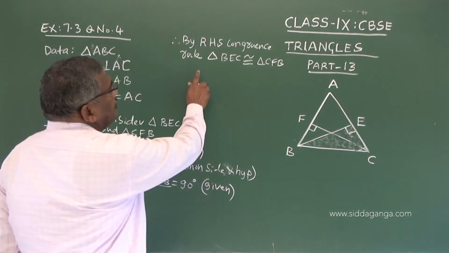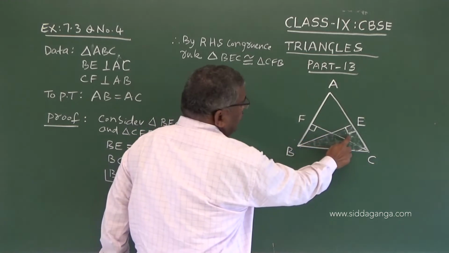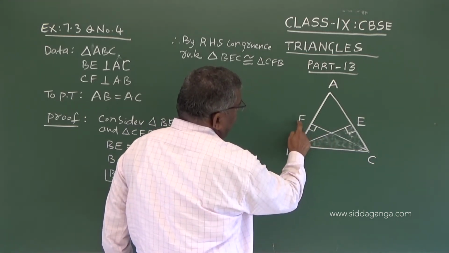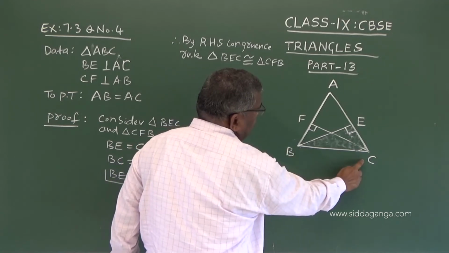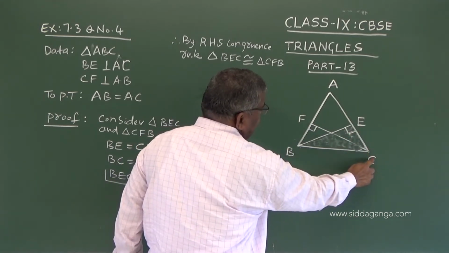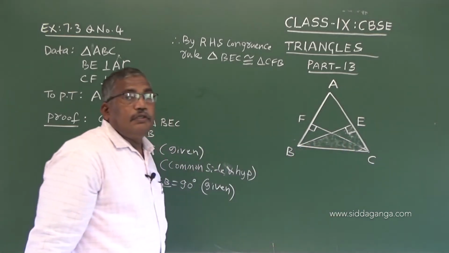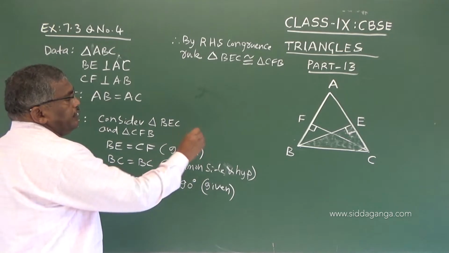Now, when these two triangles are congruent, you can observe this angle B and angle C are congruent.